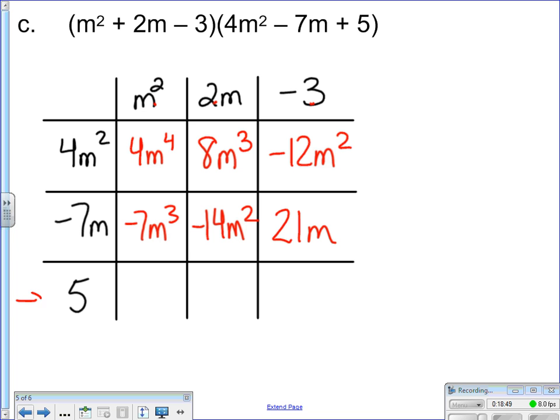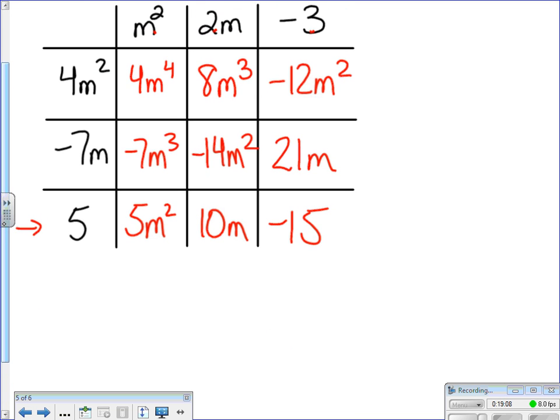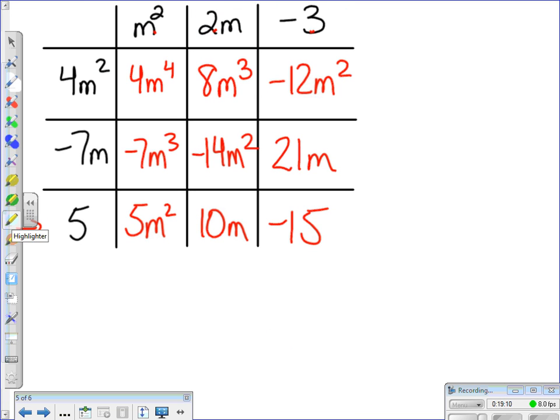Now let's do the last step. Multiply by 5. 5 times m squared, 5m squared. 5 times 2m, 10m. 5 times -3, -15. Now, these answers need to be combined, and we'll get our final answer.